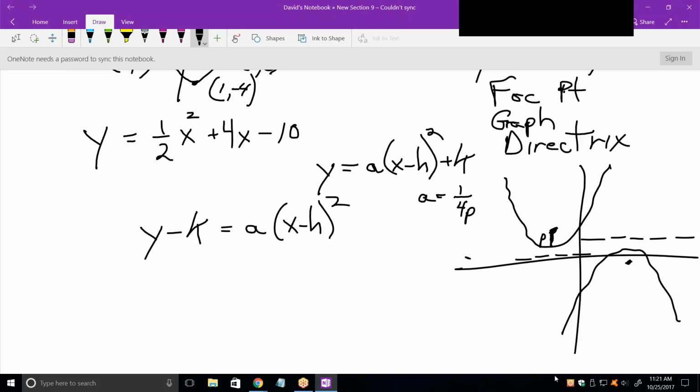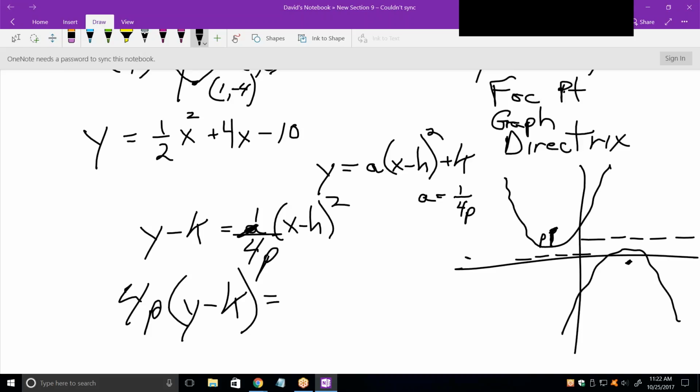Now if I substitute that 1 over 4p for a and multiply both sides of the equation by 4p, this is what I get. You don't need to memorize the process we just went through. The only reason I did it is to show you that it's very similar.